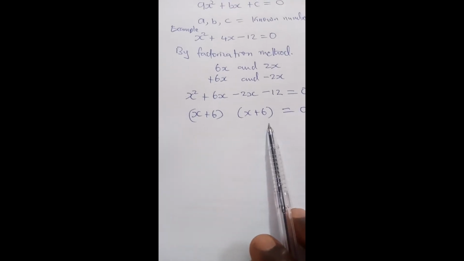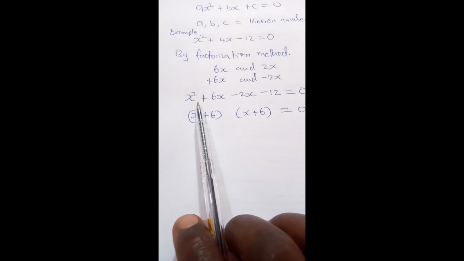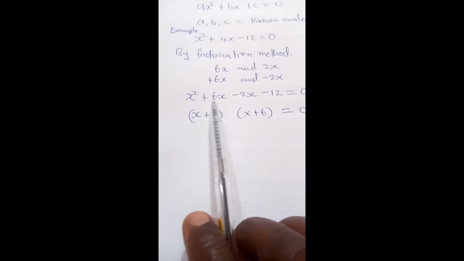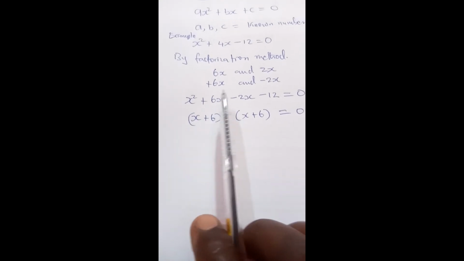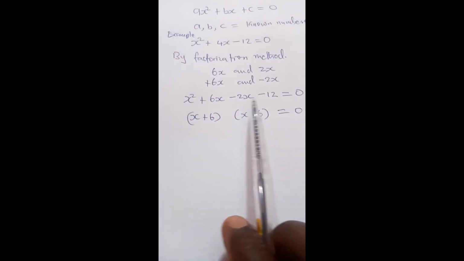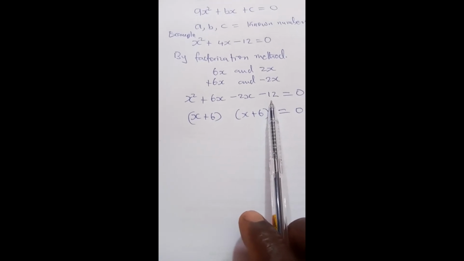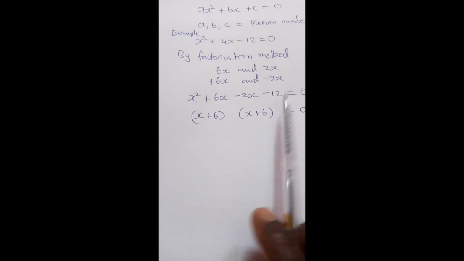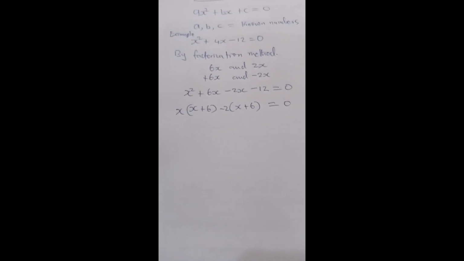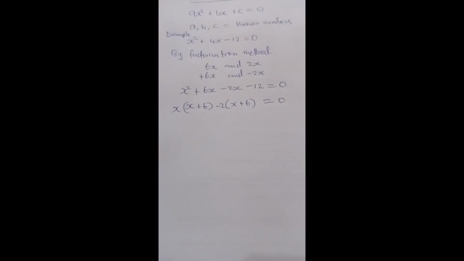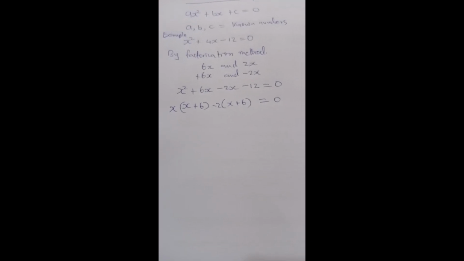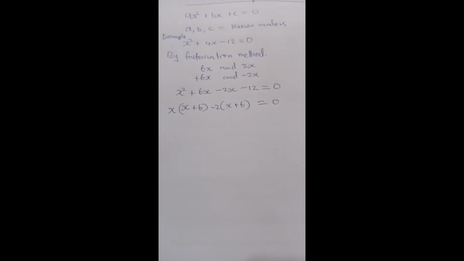Next, we see what is the common element between x squared and 6x. That is an x. Then what is common between minus 2x and minus 12? That is minus 2. So you will place those 2 elements right outside the brackets so that it becomes x into x plus 6 in bracket, minus 2 into x plus 6 in bracket, equal to 0.